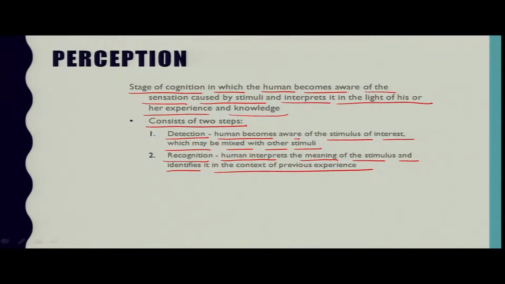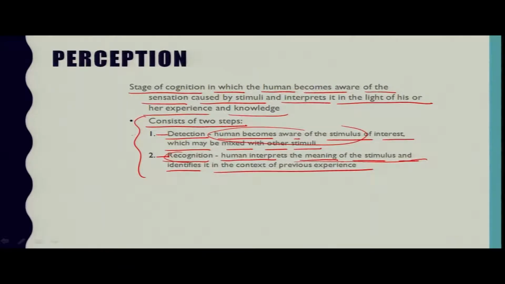So our definitions and the examples taken suggest that perception consists of detection and recognition. Detection occurs when the human becomes aware of the presence of a stimulus, and recognition occurs when the human comprehends that the stimulus has been encountered before and is able to relate it to prior experience.